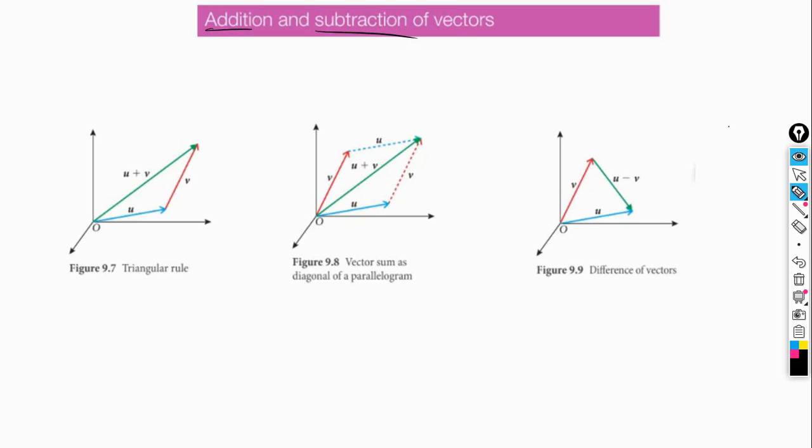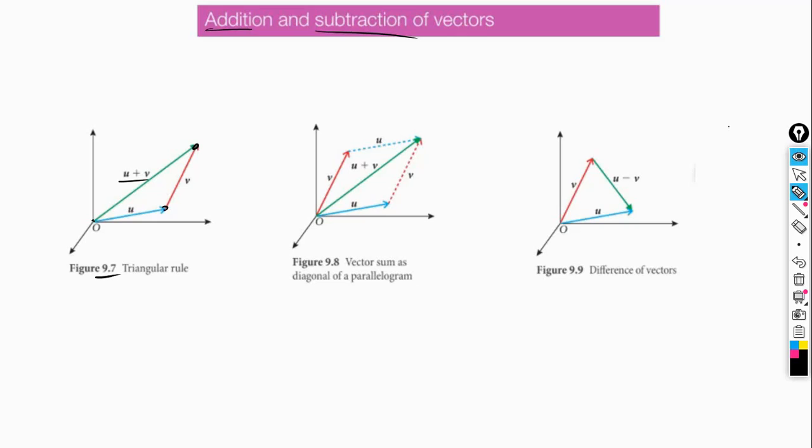According to the triangular rule, if u and v are vectors, then the sum u plus v is going to be the vector from the initial point of u to the terminal point of v when the vectors are positioned so that the initial point of v is the terminal point of u, as you can see here in figure 9.7.